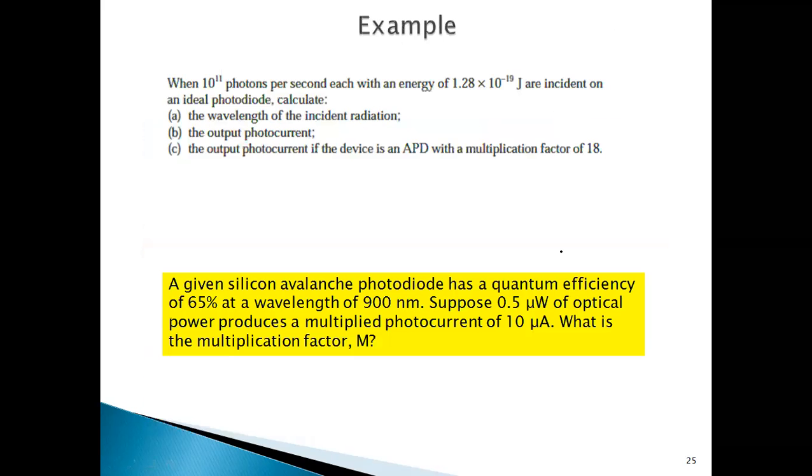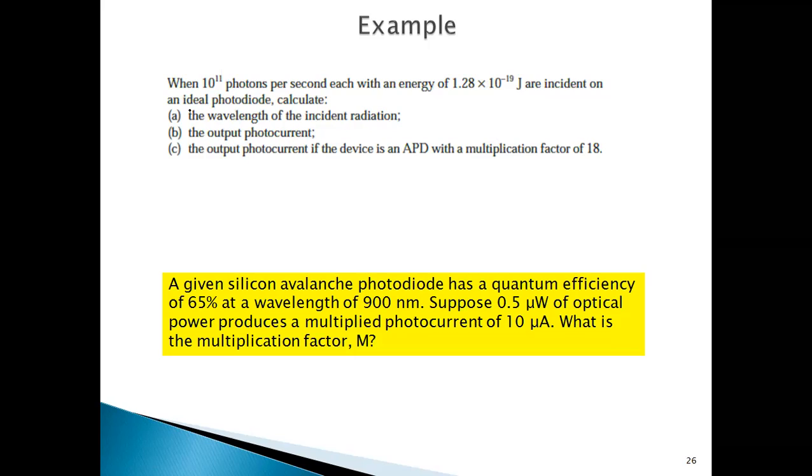So let's have a look at this example of photodiode. For the first example, we are given 10 to the power of 11 photons per second with an energy of 1.28 times 10 to the power of negative 19 joule incident on the ideal photodiode.